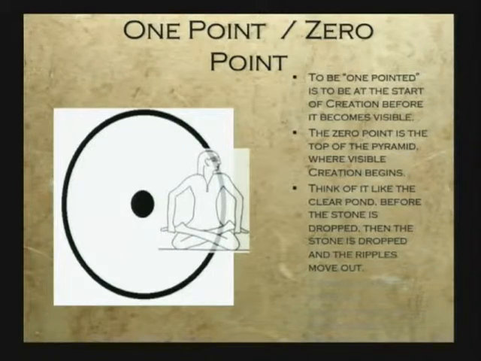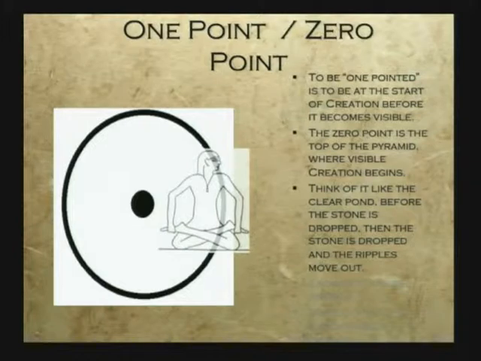In fact, within certain forms of meditation, we actually teach people, think of your thoughts as ripples on a pond, and we'll give you a mantra to basically clear out all the other thoughts until thoughts themselves disappear. Then you see who you really are, or you begin to see who you really are.